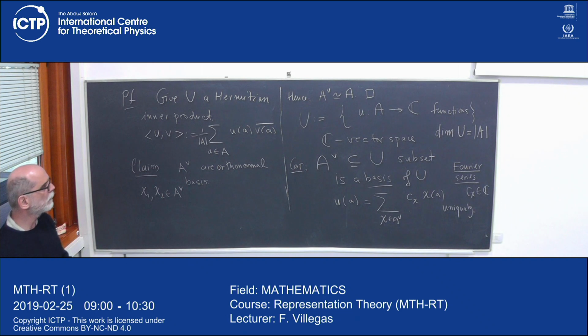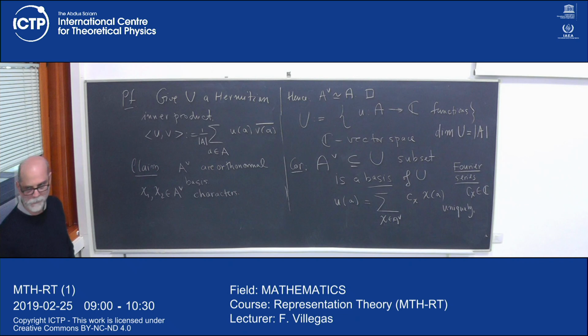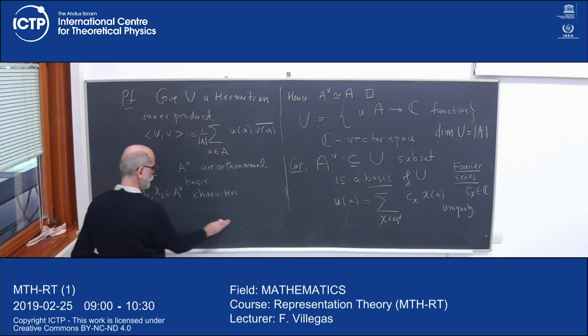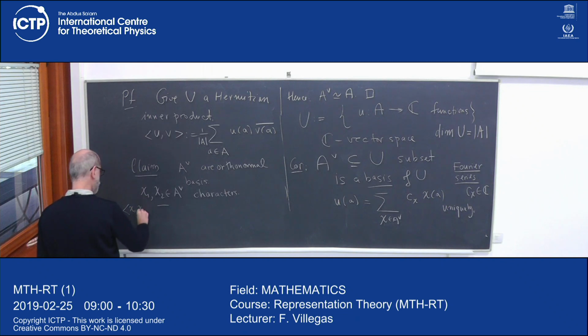Homomorphisms from A to C star are called characters. And we'll see later that the word characters for a general group will mean something slightly different. So I want to compute the inner product of chi1 with chi2.